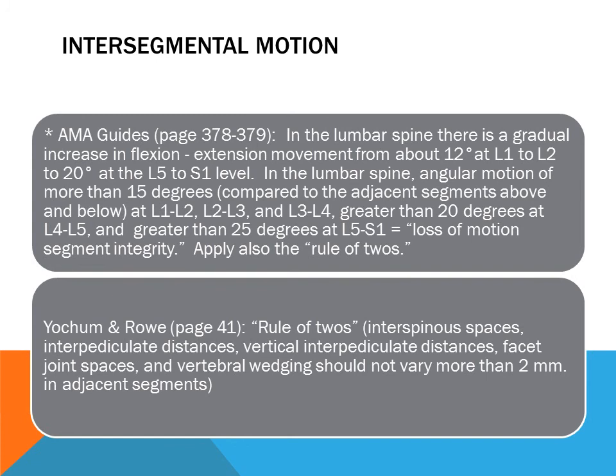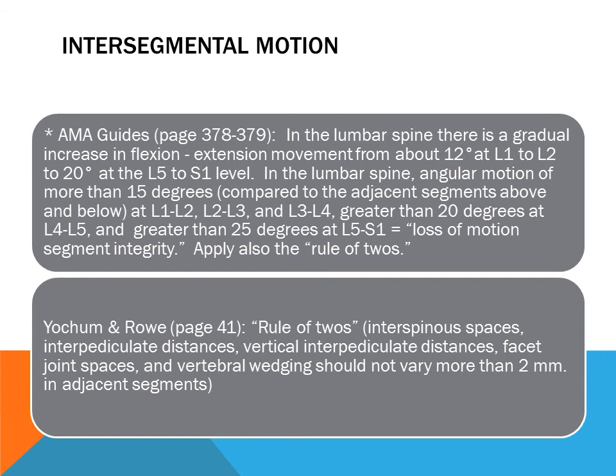Well, our example just produced 56 degrees, so we're close. But the AMA guides say that it increases from 12 degrees to 20 degrees. Well, let's say it was 12 at L1, L2, and 14 at L2, L3, and 16 at L3, L4, and 18 at L4, L5, and then 20 at L5S1.